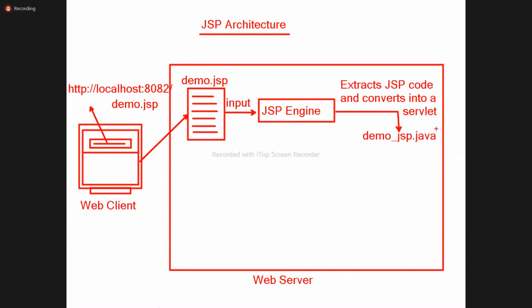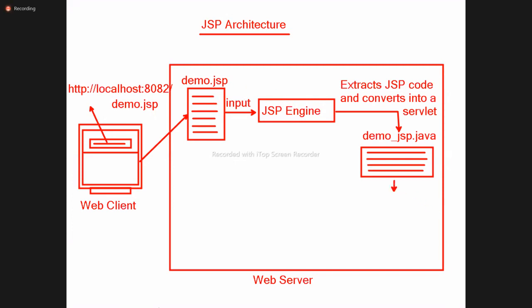If the file name is test.jsp, then test_jsp.java is generated. So the JSP engine can understand only JSP code. It doesn't know Java, HTML, CSS or JavaScript. The remaining code is placed as it is.